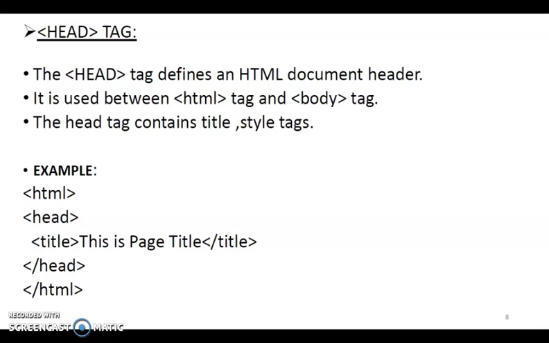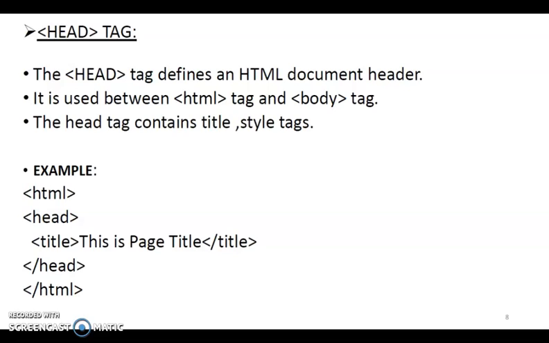Now see, after HTML you have a head tag. So the head tag defines the HTML document header. Okay, so it is used between the HTML and body tag. So the head tag contains the title, style tags, and so on. Okay, so after the head tag we mention the title of our document.